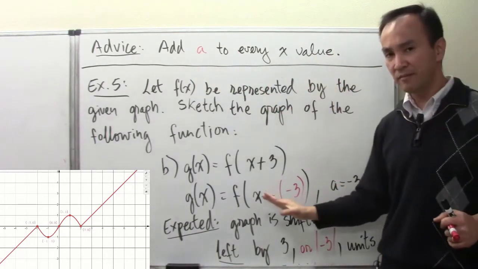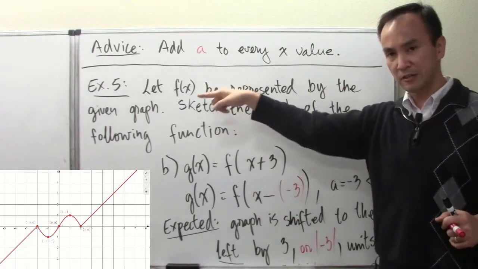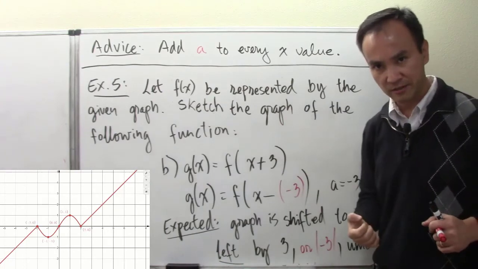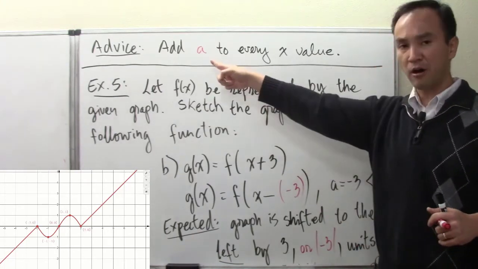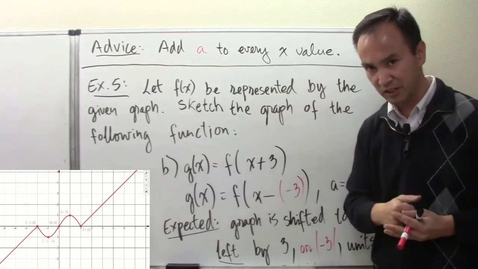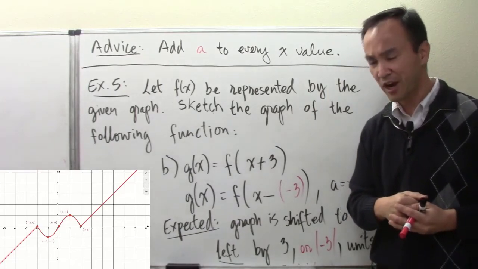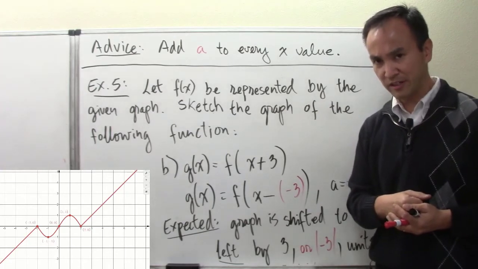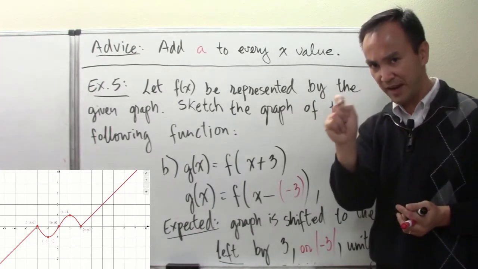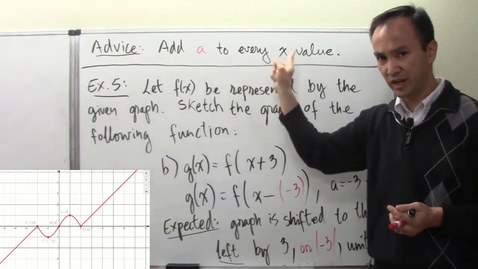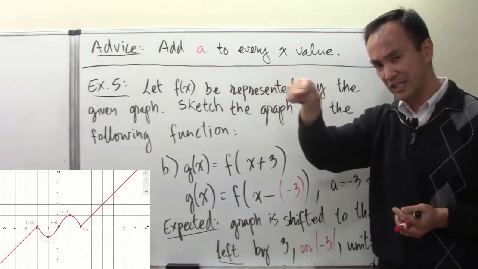So this problem is still drawing the same graph from the previous problem. The graph of f of x is still presented here, still given here. So I'm just going to stay right on those guiding points, and with those guiding points, I'm going to pick just the x values and then add negative 3 to every x value among these guiding points.